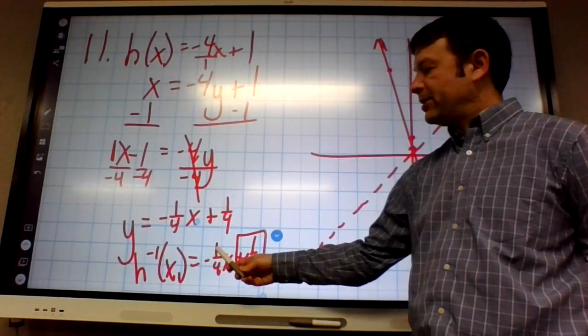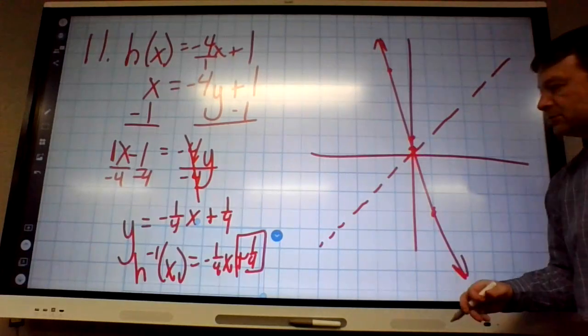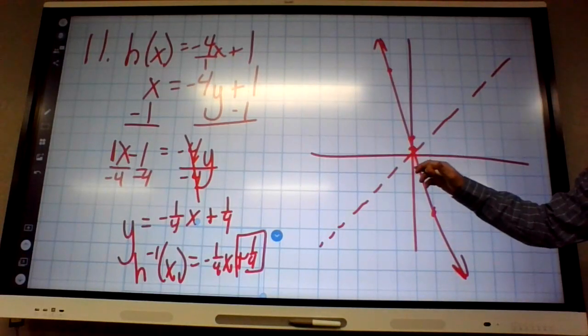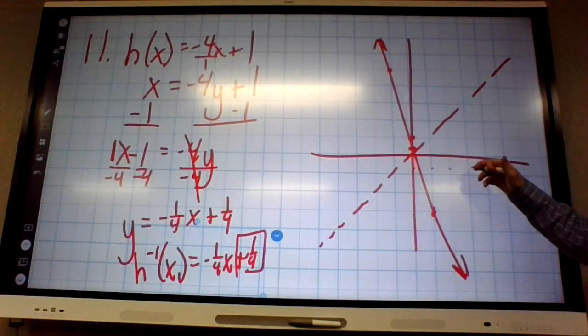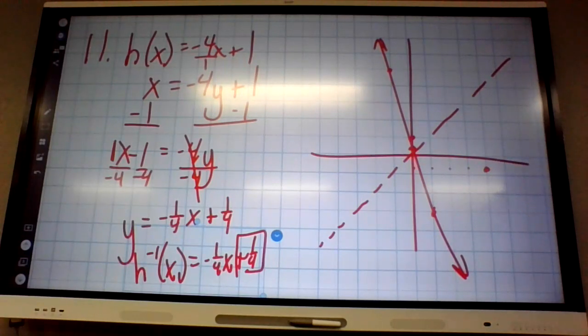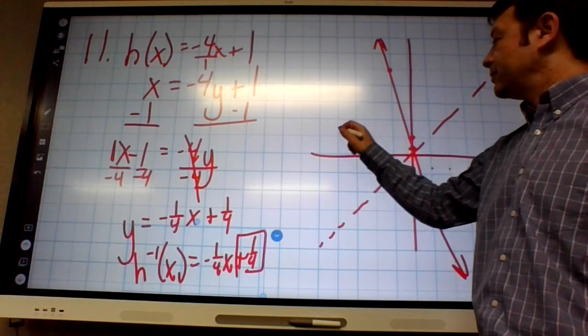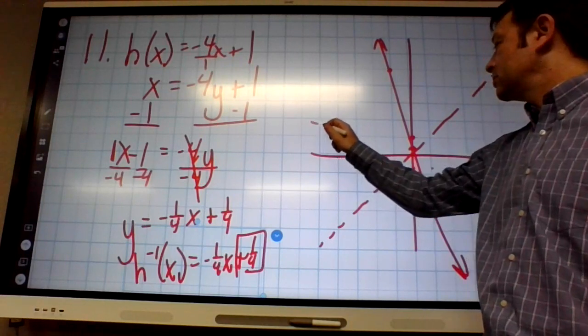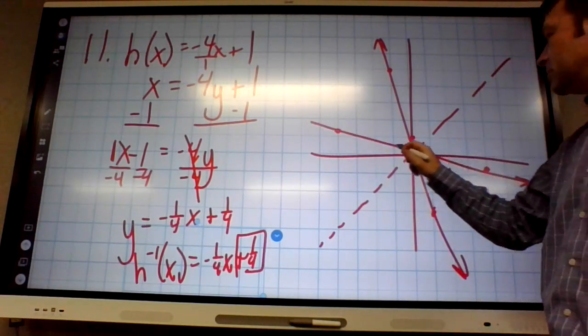Negative 1/4, so down 1, right 4. Notice I'm not on the intersection of those lines. I'm still a fourth off of this line. Or if I go backwards, up 1, left 4. Kind of missed.